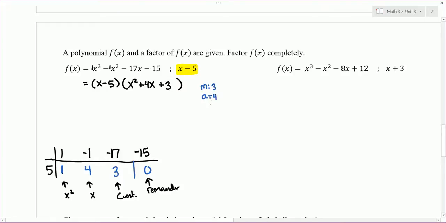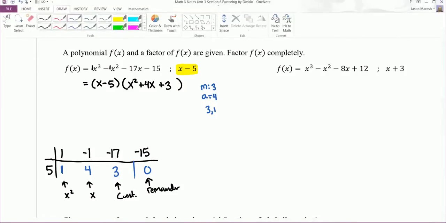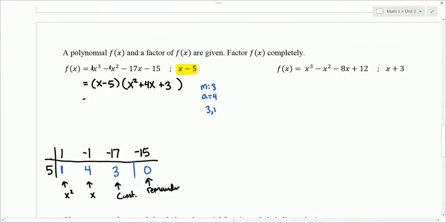And as you're thinking about it, you should come up with 3 and 1. So we can factor even further. We have the x minus 5, leave that there. And then this second part can factor to x plus 3 and x plus 1. And now it's fully factored.